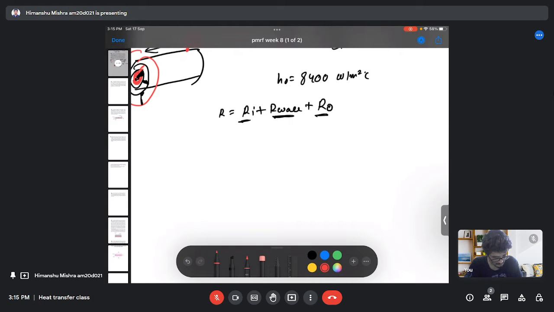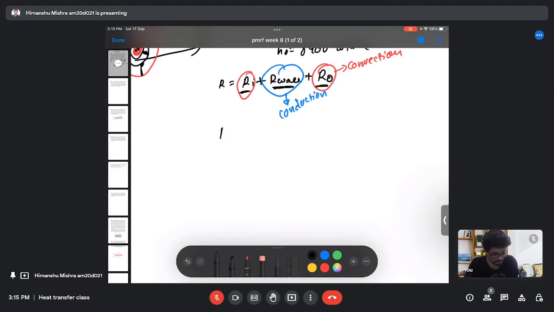So here the heat transfer happens due to the convection, and we know that the heat transfer within the wall happens due to the conduction. So we can write the resistance.